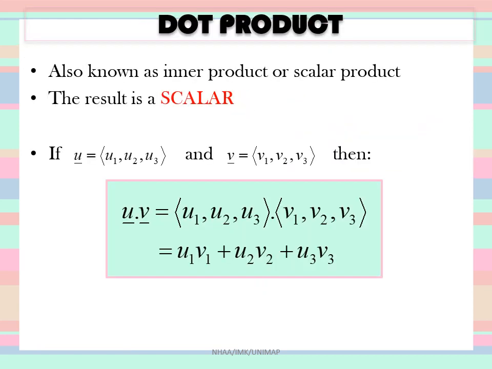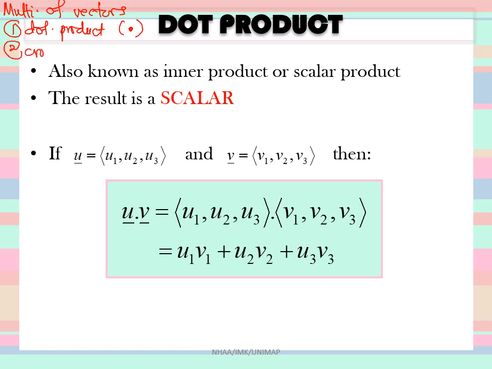In our last meeting, I did mention that we have two ways of performing multiplication of vectors. First, by performing dot product, so we use the symbol dot.